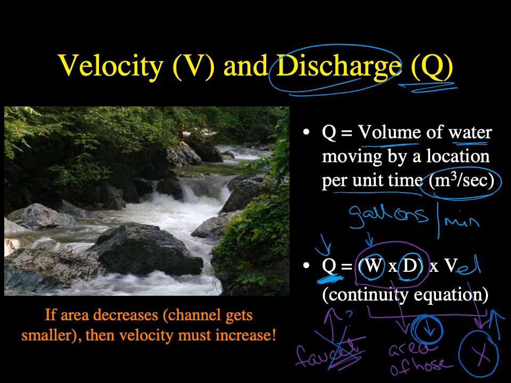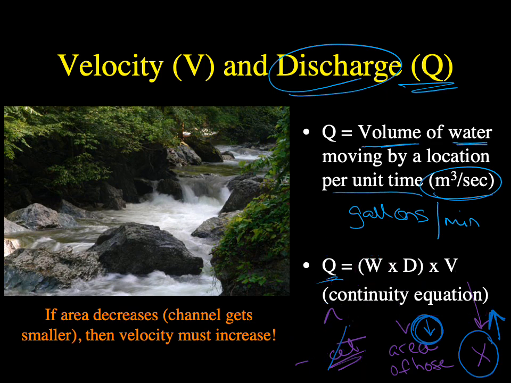So you put your thumb over half of it, and now the velocity had to increase because this amount of water still had to make it out of the hose. So the velocity went up, and that means that now the water is squirting farther out of the hose, and you soak your little sister. This is kind of just a really neat way of manipulating this equation, but hopefully the idea of using your own household hose is the same idea of how we can do this with rivers.